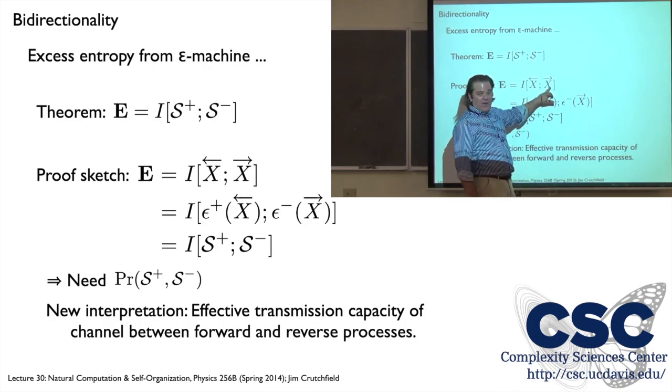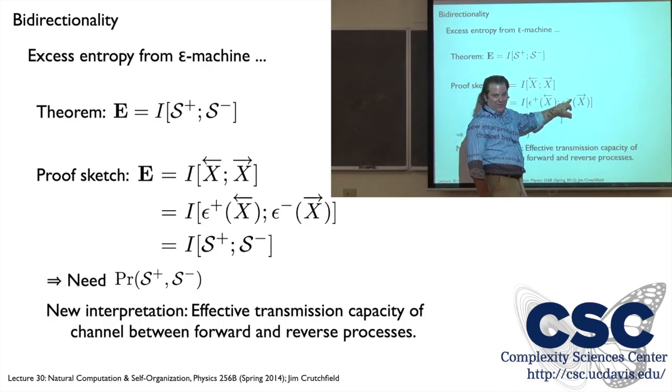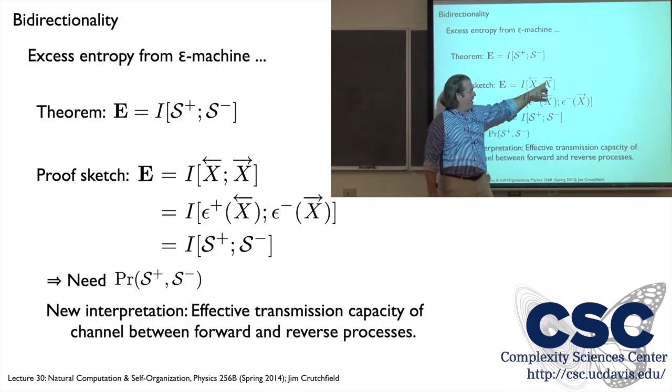Okay, ditto here. I apply the epsilon minus function. For the future, when I'm scanning the opposite direction, it takes me to the current reverse causal state, and that reverse causal state captures everything I need about the future to retrodict the past. So they're perfectly fine proxies for the past and the future. So we go from semi-infinite random variables to a finite set of random variables. This is good.